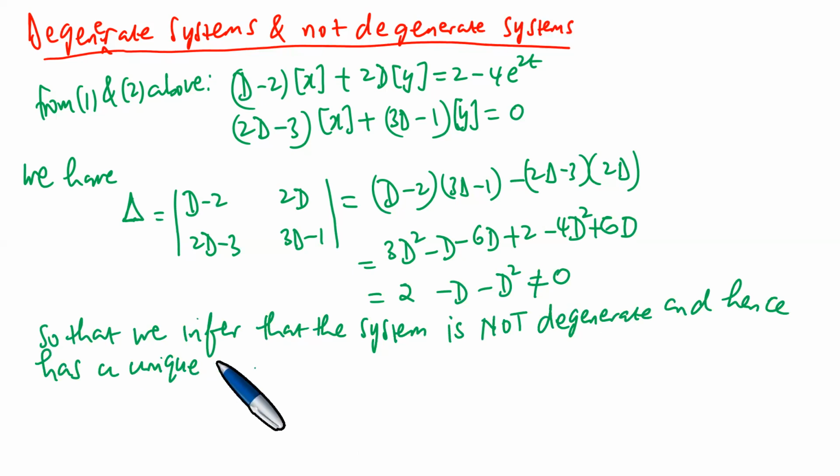So in other words, systems that are not degenerate have a unique solution. Otherwise, the system is degenerate if it does not have a unique solution.